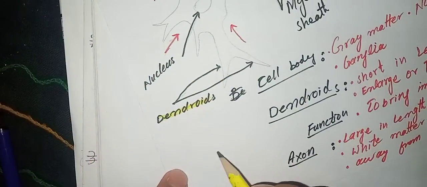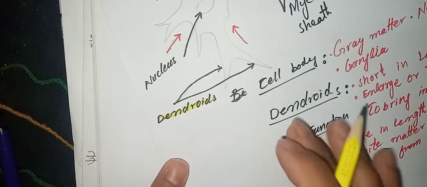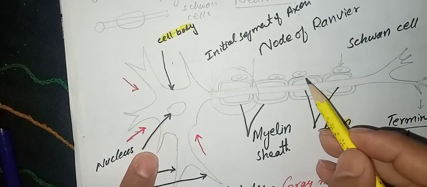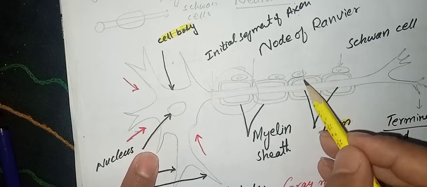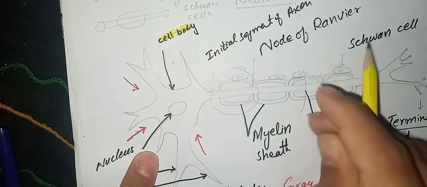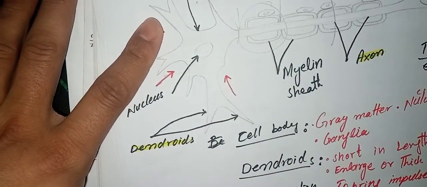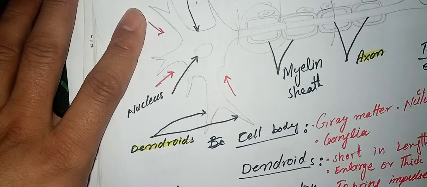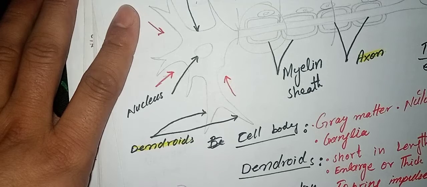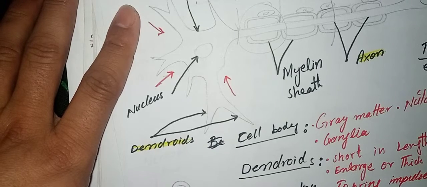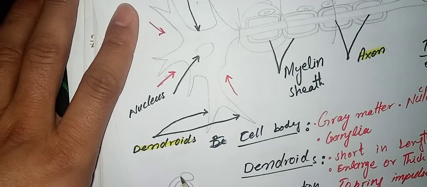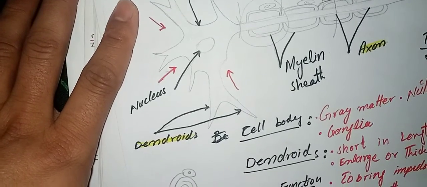Focus here. If I cut this axon from here in this way and take this part, it will look like this: this is the axon, and the cell membrane of the myelin sheath will be wrapped around it, and the Schwann cell will be at the top, and also has a nucleus.